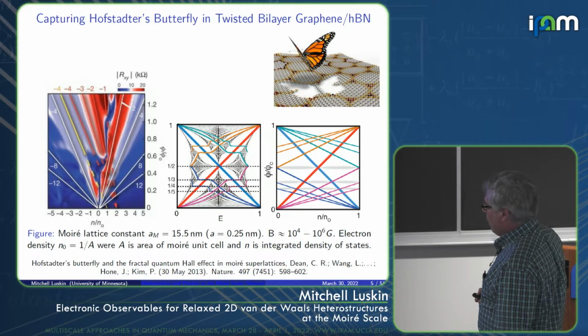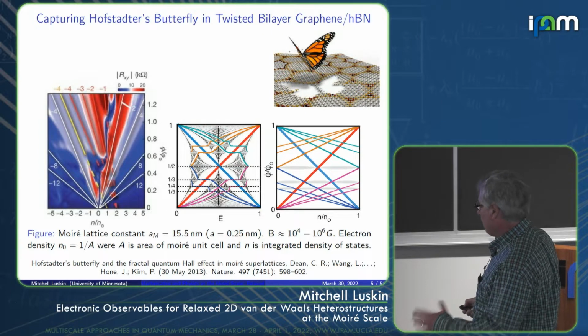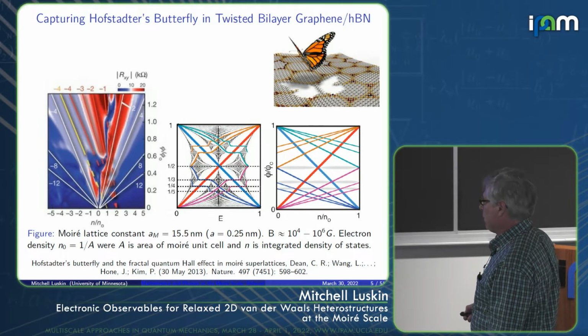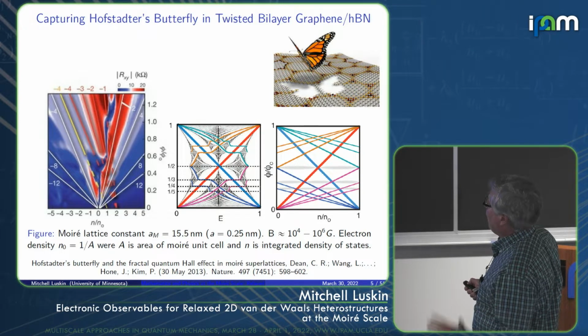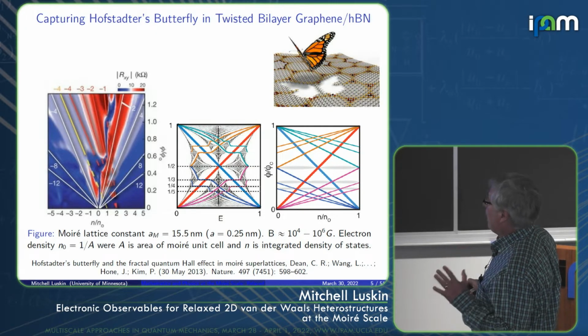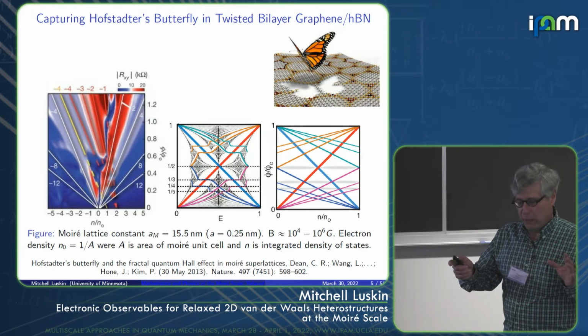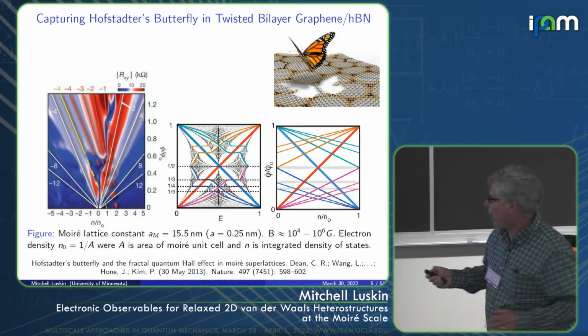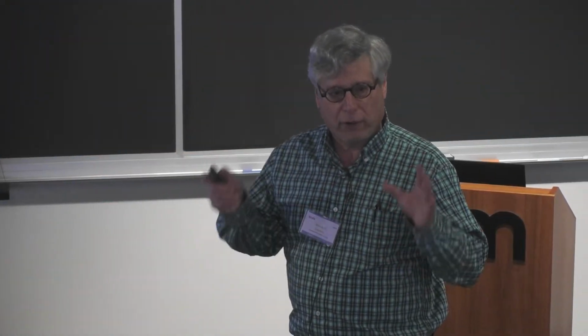So there was a very influential paper by Philip Kim and these other distinguished people. What they did is they observed that if you have one twisted layer on another, these hexagons are the Moiré scale, and that acts like a unit cell for a much larger length scale.